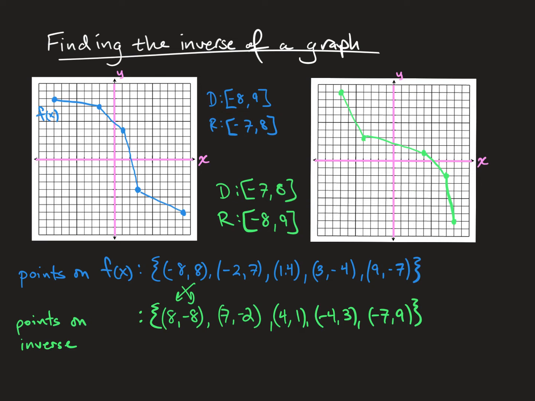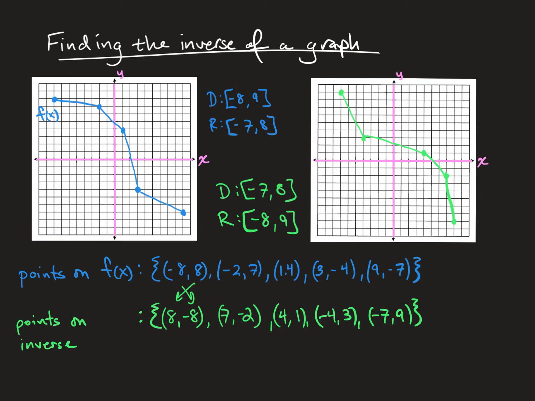You just swap all of the x's and all of the y's. So all of the x's of the original function became all of the y's of the inverse. All of the y's of the original function became all of the x's of the inverse. So this idea that all x's swap with all y's plays a really big part in this idea of inverses.